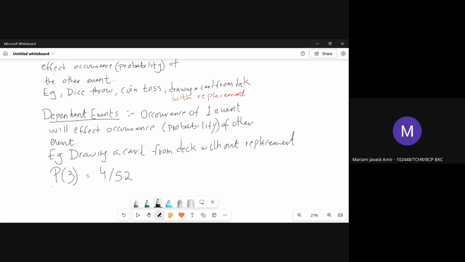Let me quickly Google, कार्ड 52 ही होते हैं. अगर ऐसा question आता है ना तो बताते हैं कितने card. They don't expect you to have this memorized. Okay, so probability of drawing a 3 the first time would be 4/52.